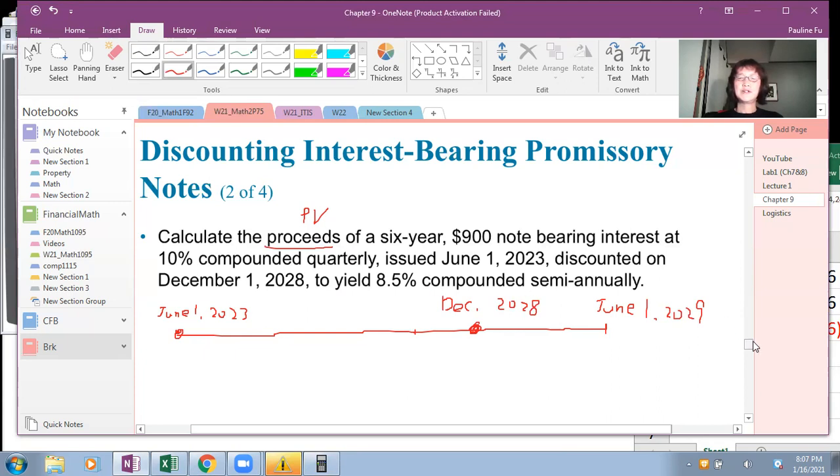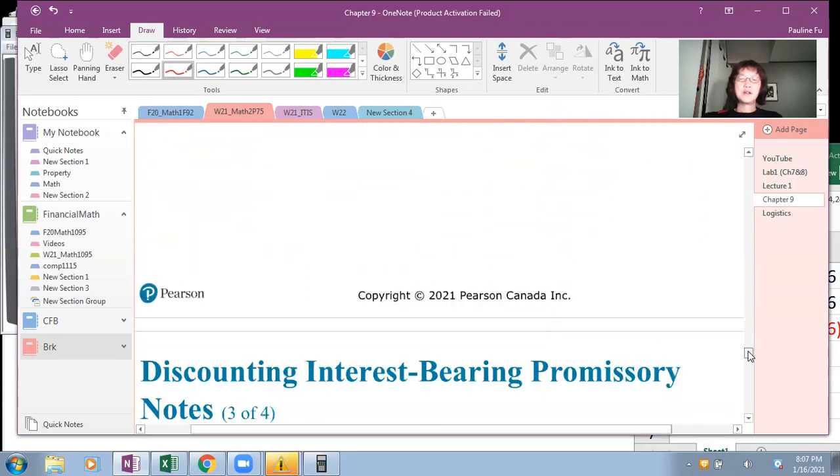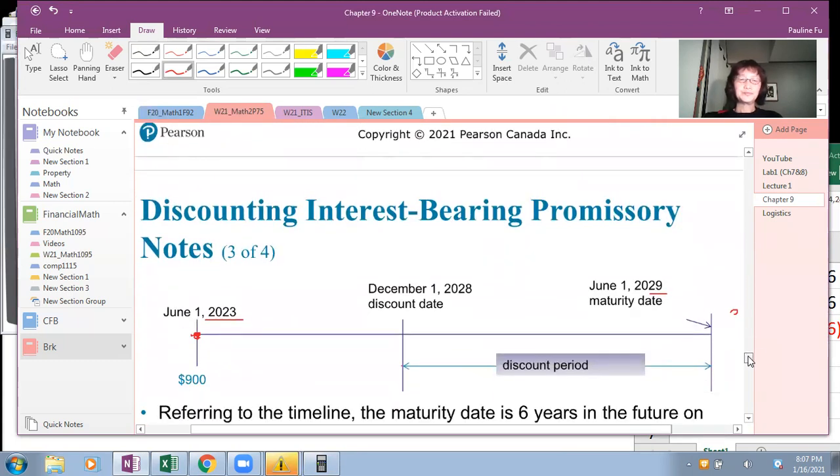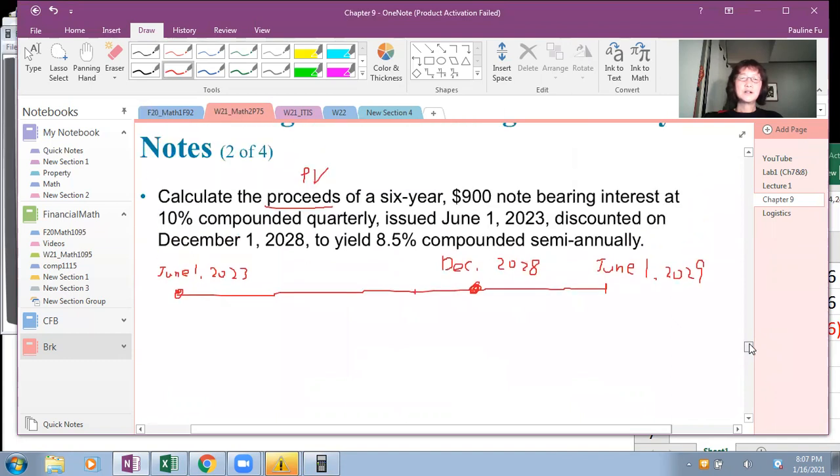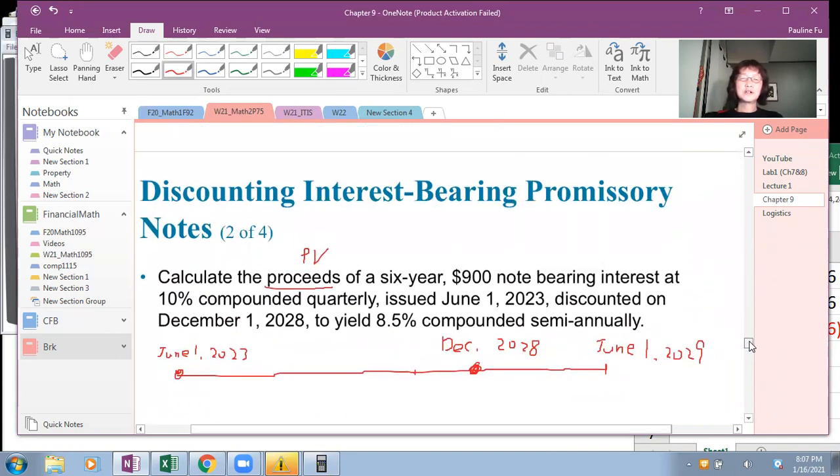Okay, so this is the diagram. Where is this 900 seated? This 900 is seated here. This note is 900, and the proceeds means the present value at this point.